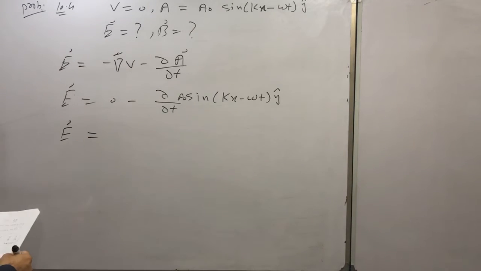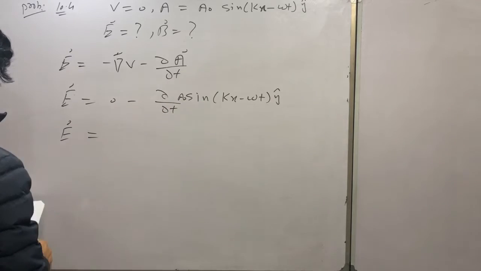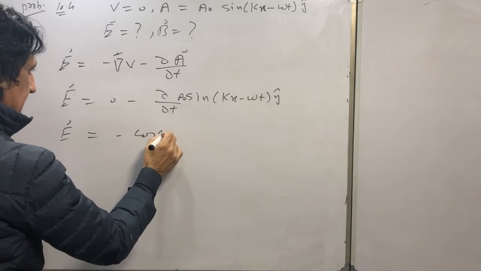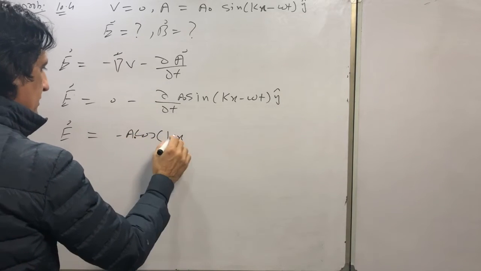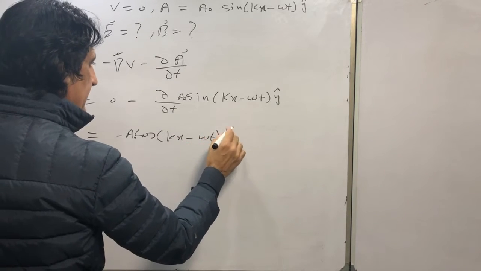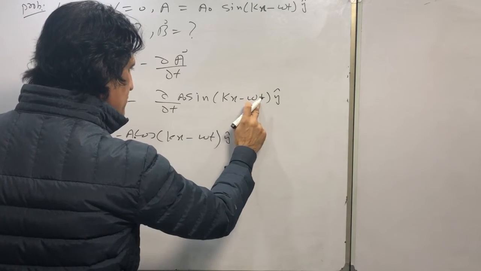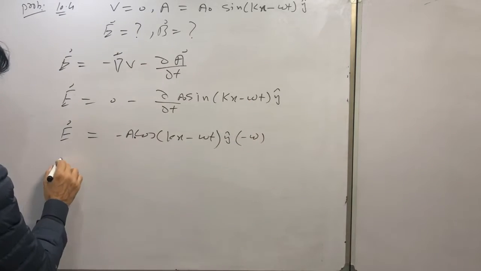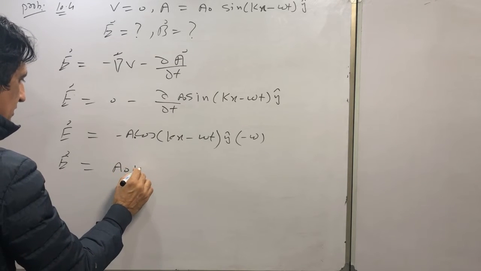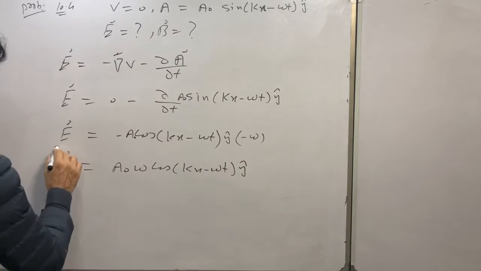Then the electric field must have a cosine of this angle. Differentiating with respect to t gives omega, and the electric field will be equal to A naught omega cosine of (kx minus omega t) in the y direction. So this is the electric field.